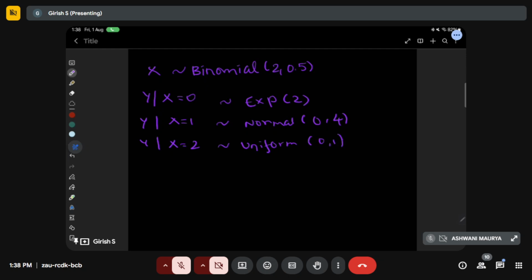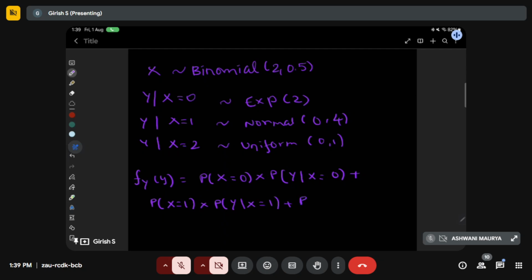Now if you see, f y of y, I can write it as probability of x is equal to 0 into probability of y given x is equal to 0, plus probability of x is equal to 1 into probability of y given x is equal to 1, plus the same for x equal to 2.